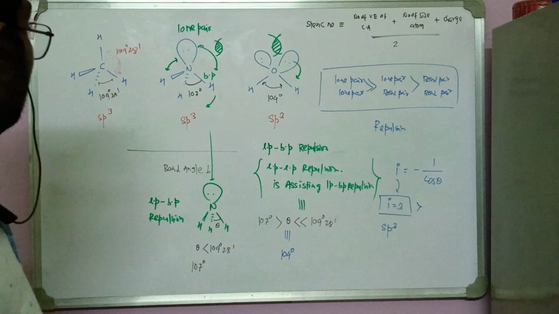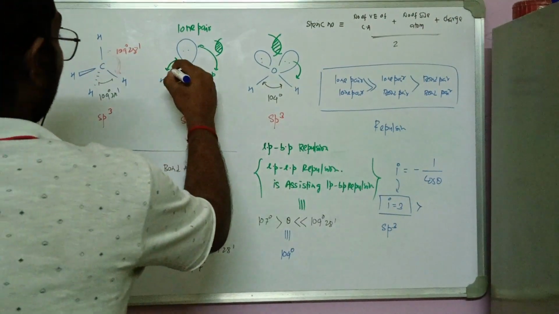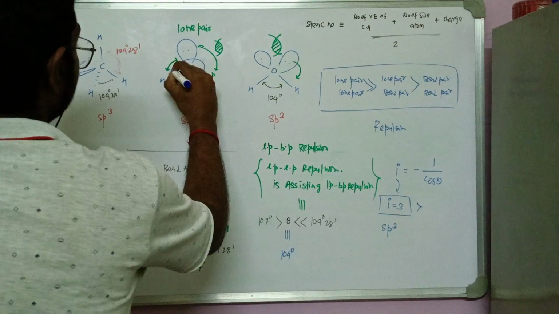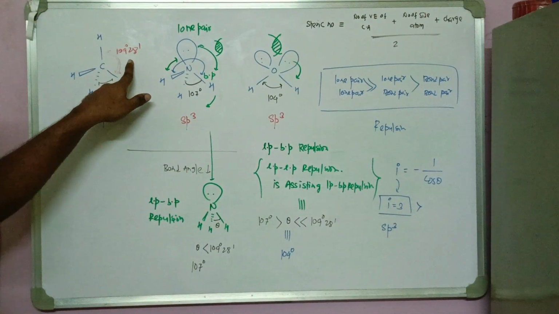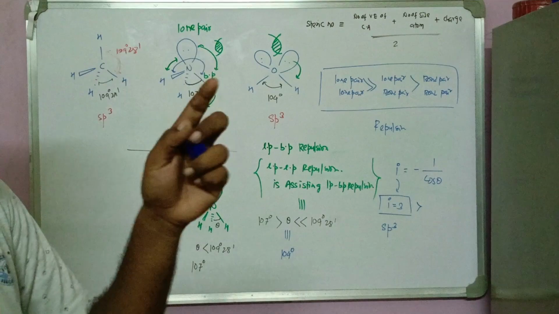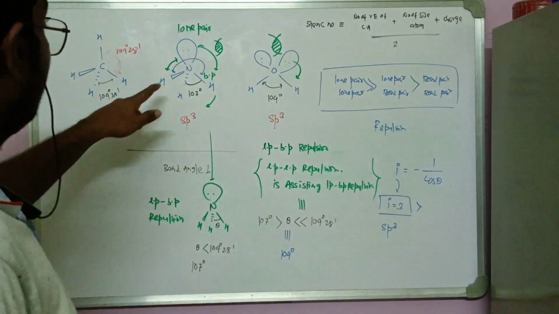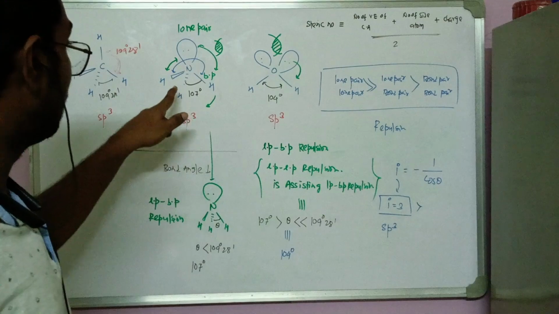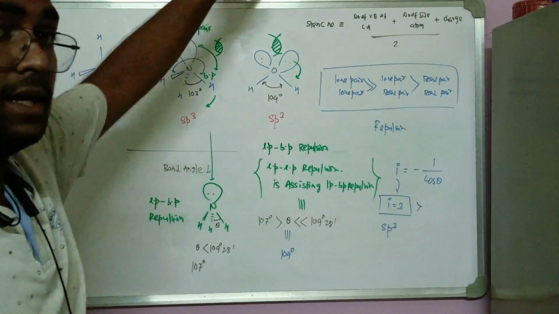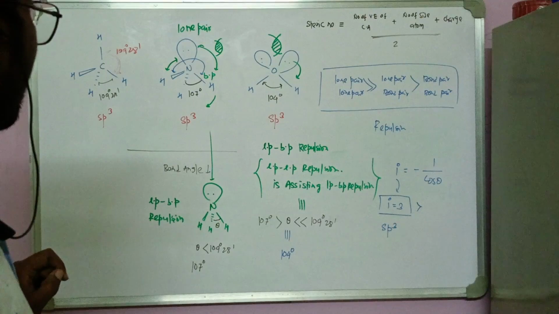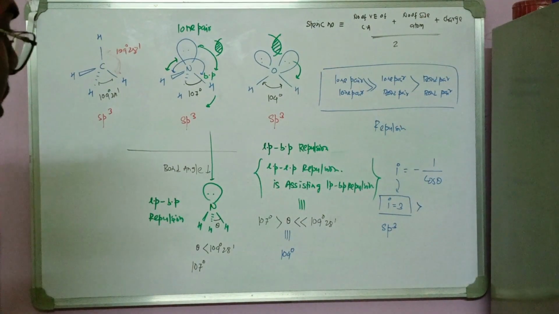Okay, fine. But if we consider the lone pair as well, we have to look at this bond angle as well, because in the earlier case all the bond angles were 109 degree 28 minute, so there was only one i value, that is 3. But here two types of bond angles are present. One is this bond angle, which is 107 degree, and another one is the back angle, which is basically 360 minus 107 degree.